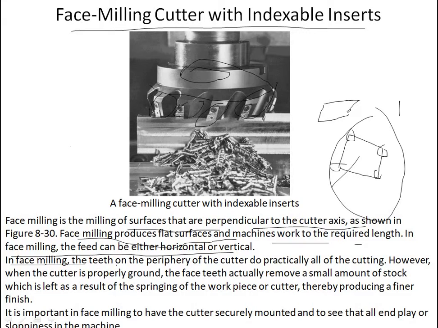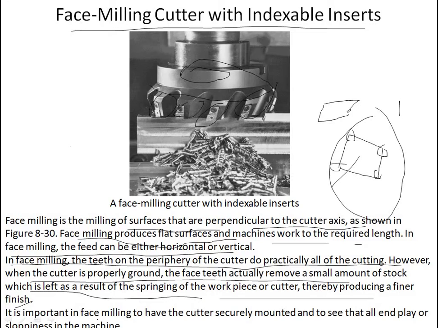In face milling, the teeth on the periphery of the cutter do practically all of the cutting. However, when the cutter is properly ground, the face teeth actually remove a small amount of stock which is left as a result of springing of the workpiece or the cutter, thereby producing a finer finish.